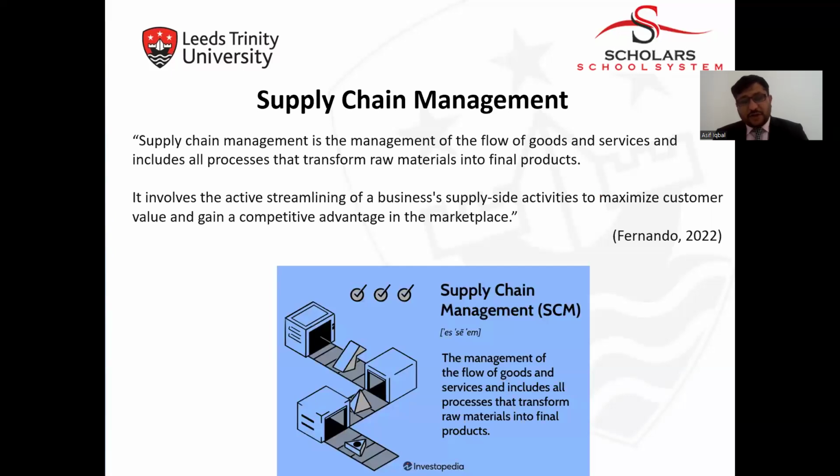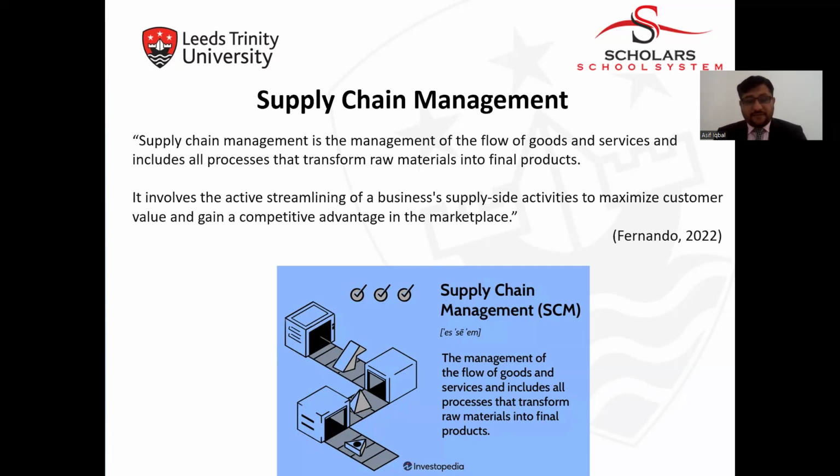All these things, from the raw material to the final goods, the flow of these things and these processes, is called supply chain management. That is how you can manage all these processes to transform the raw material into the final goods.